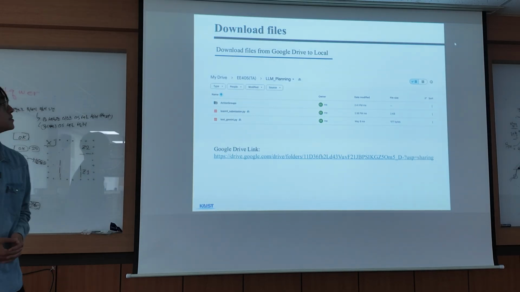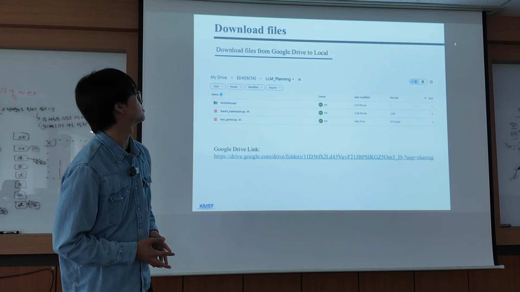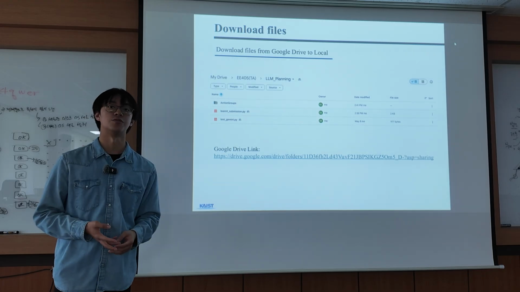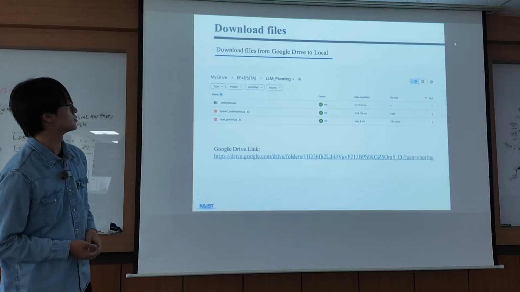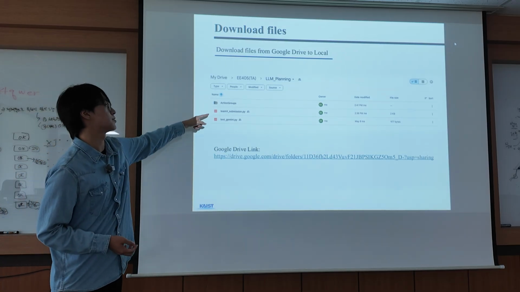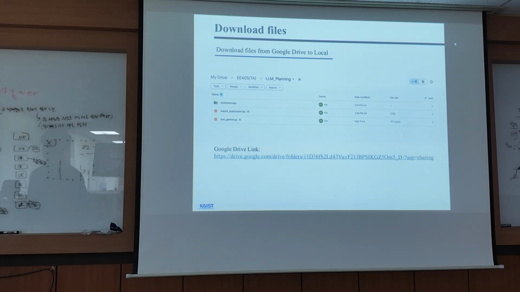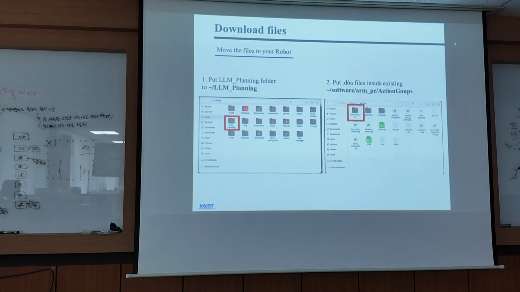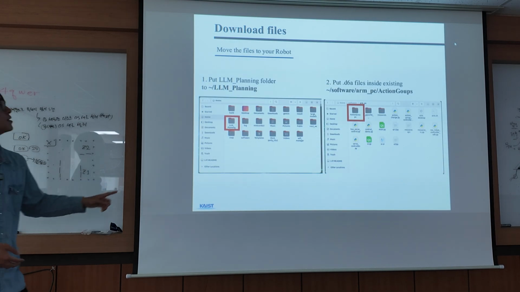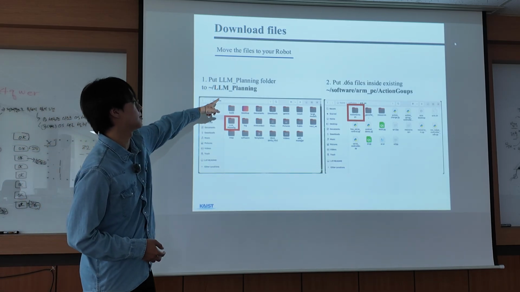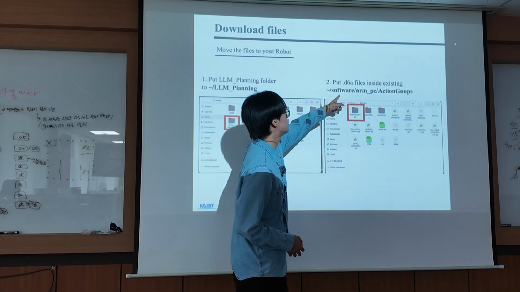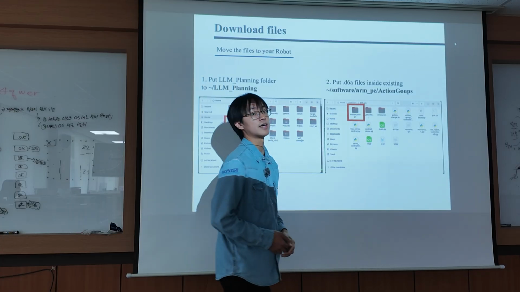To write a Python program, you should download files from Google Drive to the local JetRover. Following this link, you should download those three Python files and move them into your robot, inside the home directory, into LLM planning, and then the action groups to the action groups.